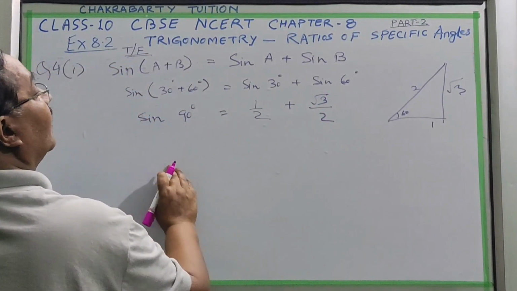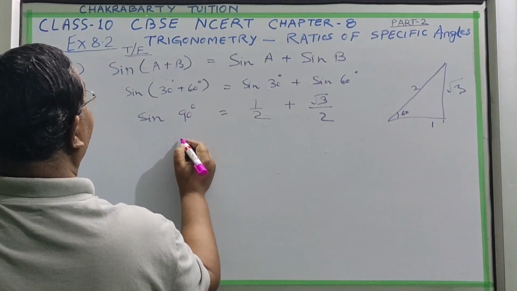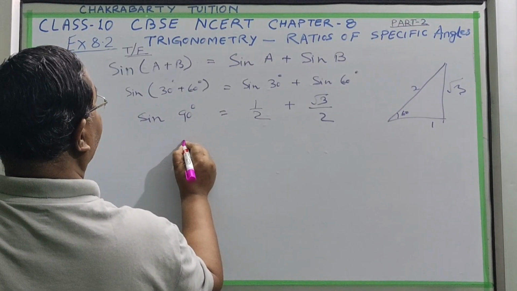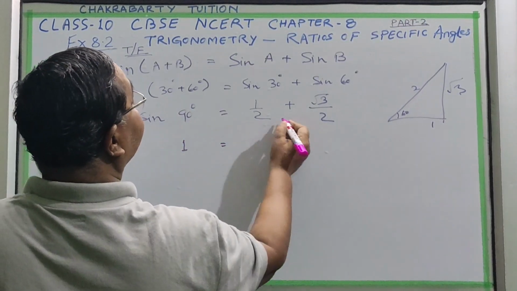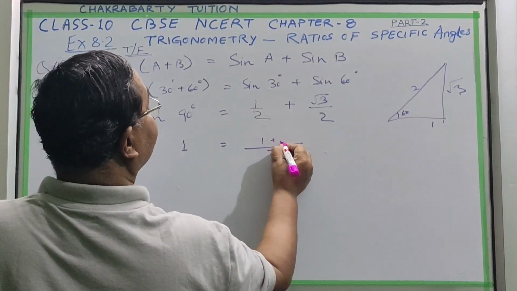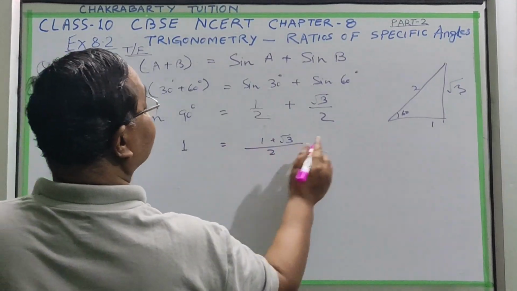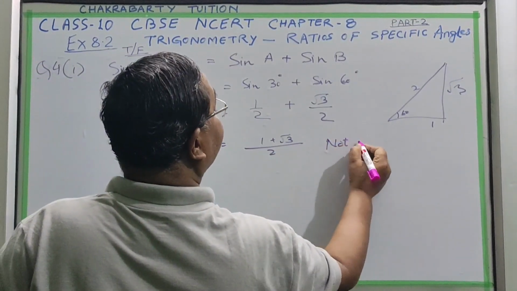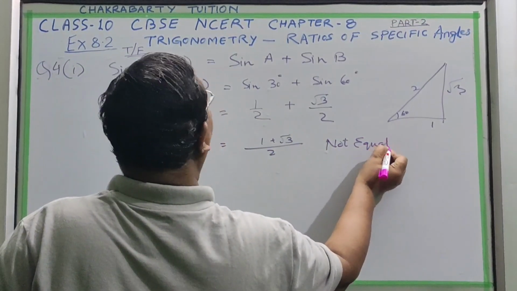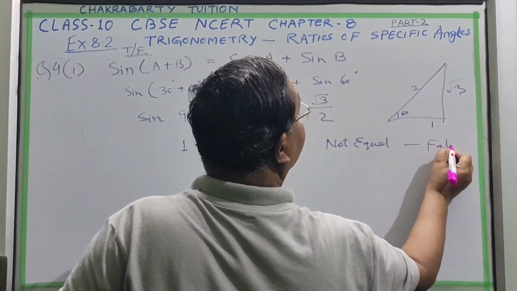Okay, so sin 90 degree, sin 90 is equal to 1, and here the LCM is 2, 1 plus under root 3. Okay, so this and this are not equal, so it is false. So the answer is false.